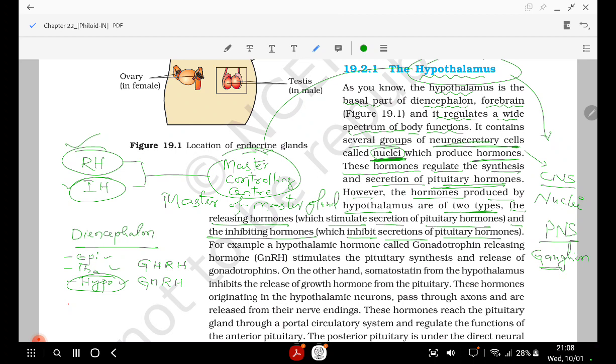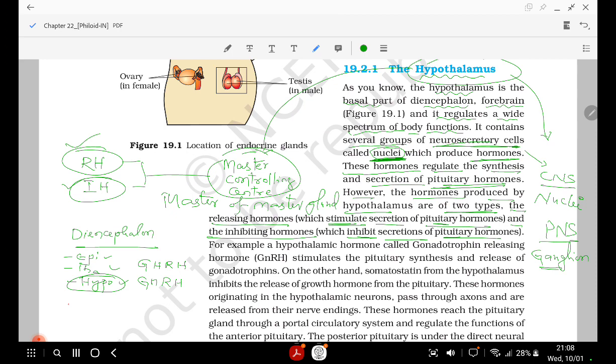Inhibiting hormones are also secreted from the hypothalamus. Releasing hormones stimulate the pituitary, inhibiting hormones inhibit the pituitary gland.